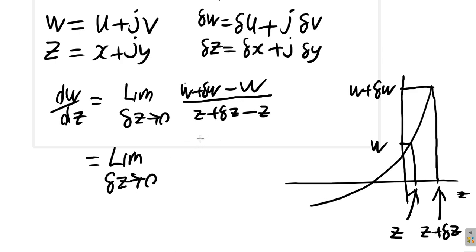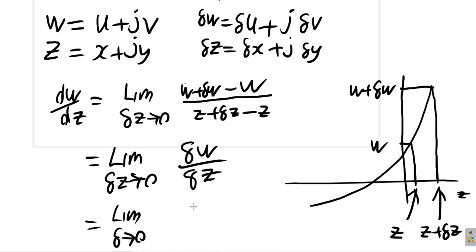Alright, so here, this now would amount to W minus W is 0. Let's put it as delta W over Z minus Z is 0. So you have delta Z. Alright? Change in W over change in Z. So this is the limit as delta Z tends to 0 of, what is that change in W?